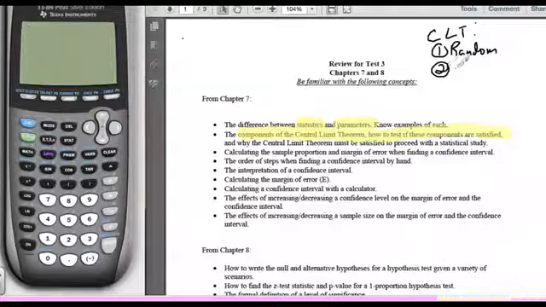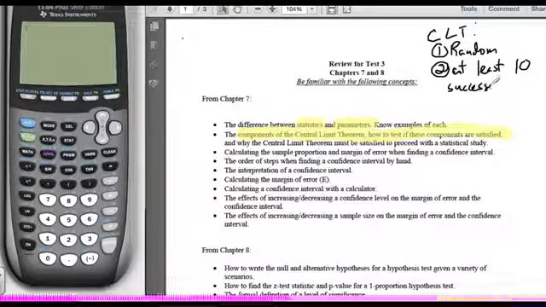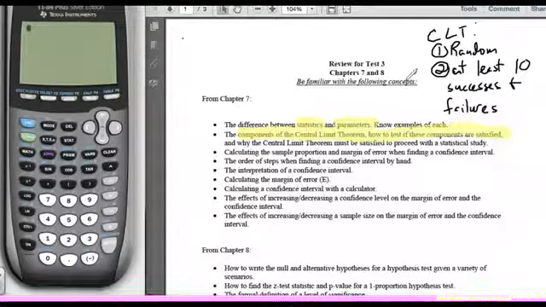And number 2, do you have at least 10 successes and failures? You could calculate your expected number of successes by saying N times P. N is your sample size, P is your population proportion.